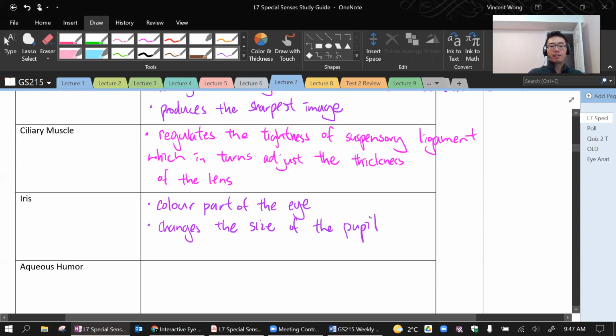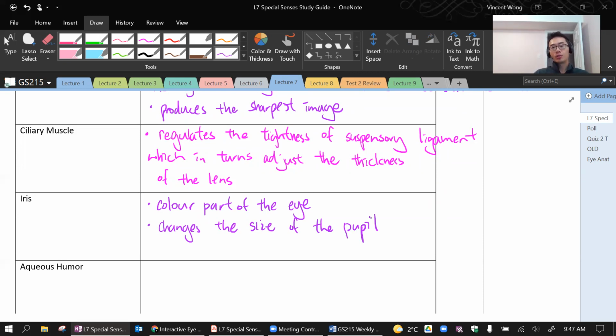If it's dark, you want the pupil to open up so you can allow more light into the eye. If it's bright, you want your pupil to be small, to constrict.